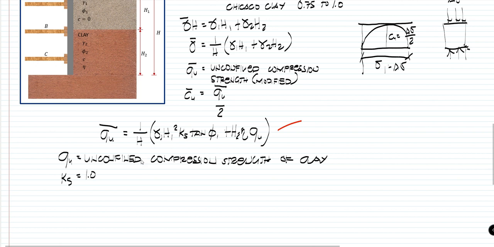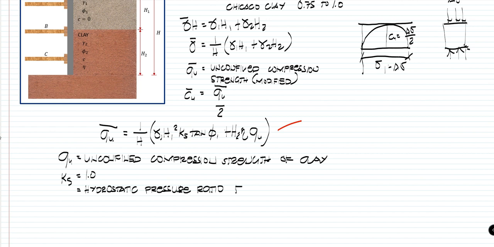And this is corresponding to the hydrostatic pressure ratio for sand layer. So, lagi naman siyang 1.0 since this is a design purpose problem. Unless otherwise stated sa problem, ano yung gagamitin mong K sub S or Ks.